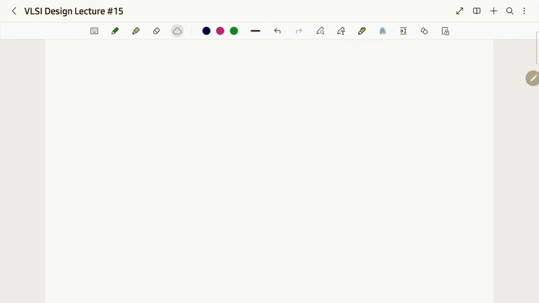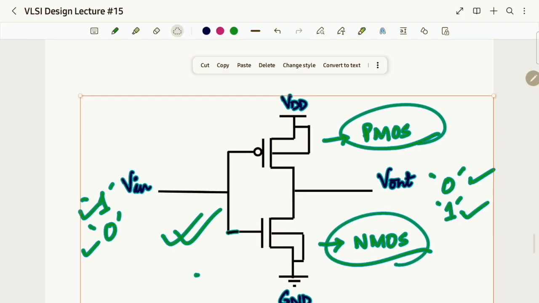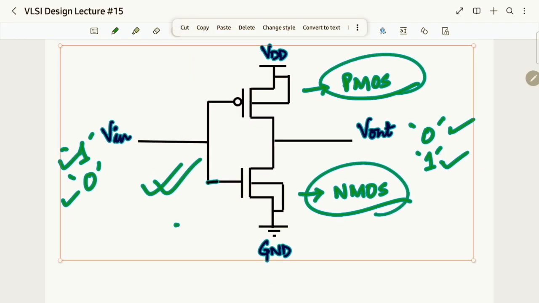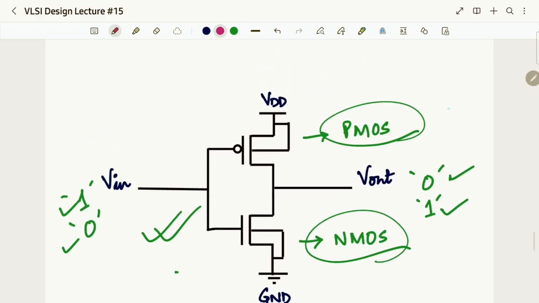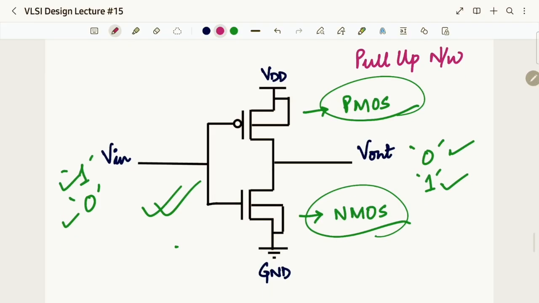the PMOS, that is the load of our circuit in CMOS design style. Okay, in CMOS design style, PMOS is called as the pull-up network and NMOS is called as the pull-down network.